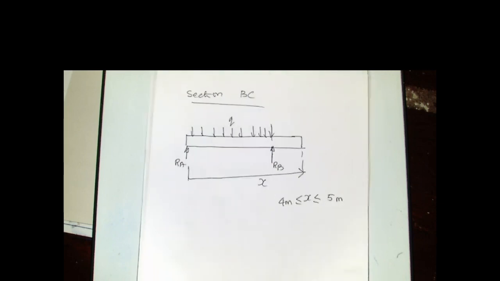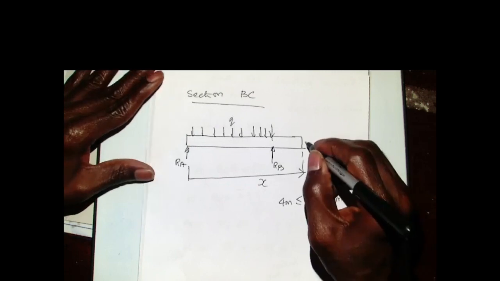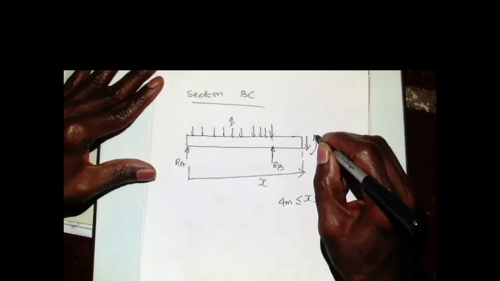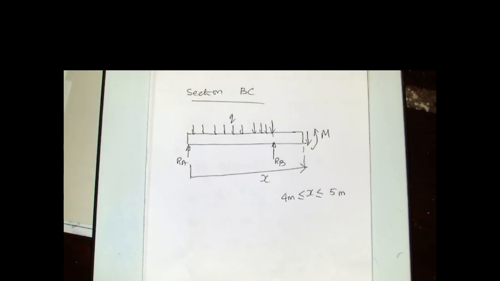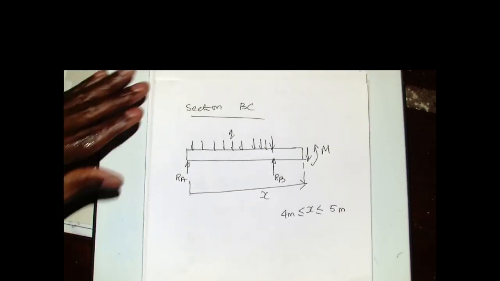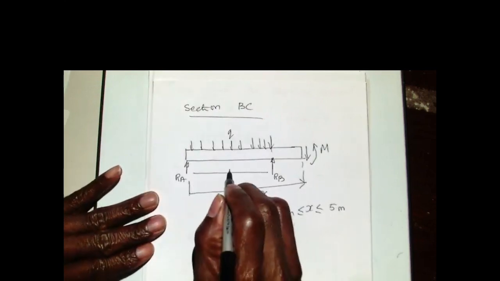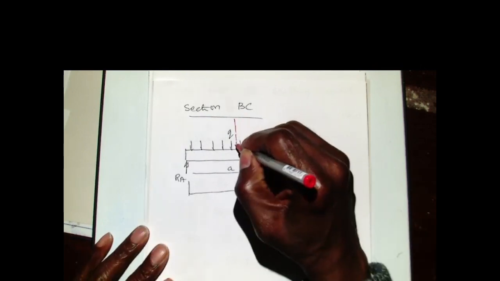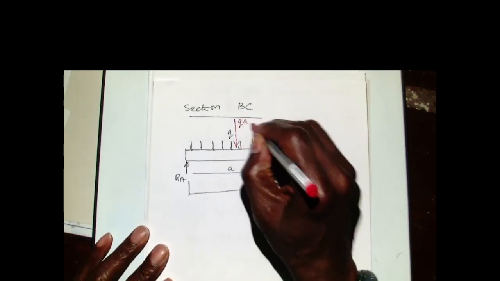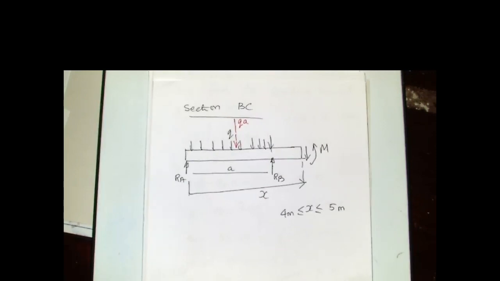Okay, so now we want to put what is active. We always have shear force. We have a bending moment, which is the one that we want to find. The uniformly distributed load, which is acting over that section here, which is our A, which is 4 meters, has a net effect of acting through the center, QA, right through the center.